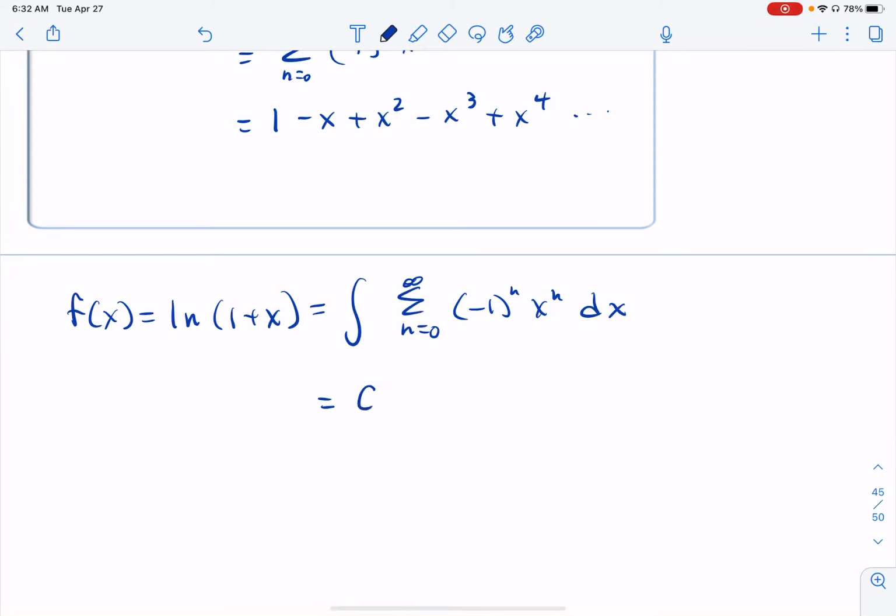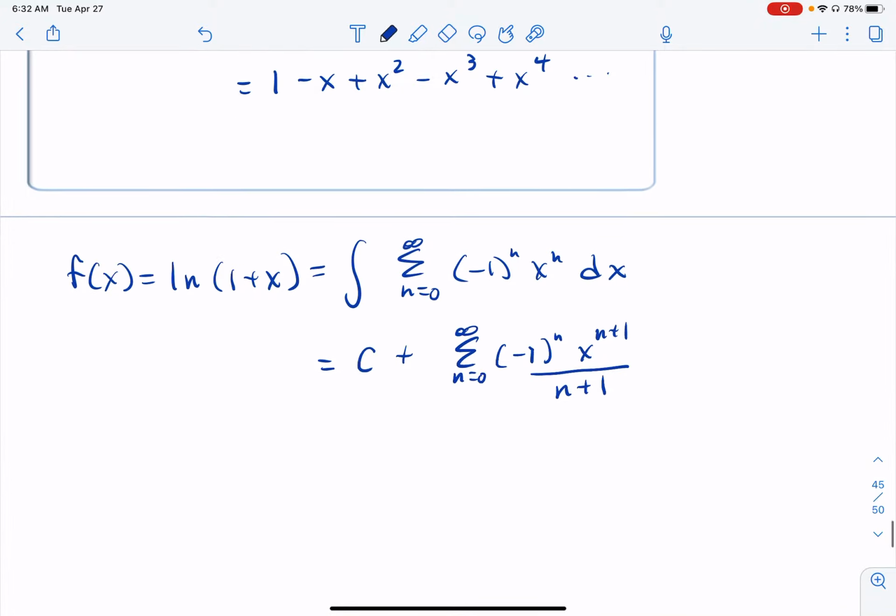I remembered to write down my plus c before all of this started. Okay, so I still have my summation from n equals 0 to infinity. And this thing is unaffected. We're only taking the antiderivative with respect to x. So I still have negative 1 to the nth as the alternator here, and x to the n plus 1 power over n plus 1.